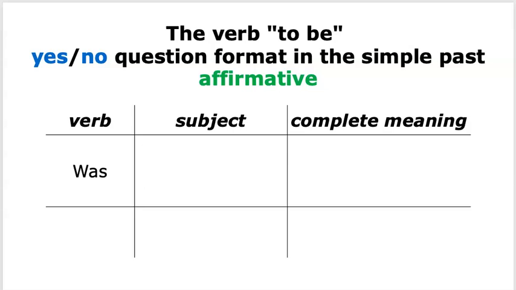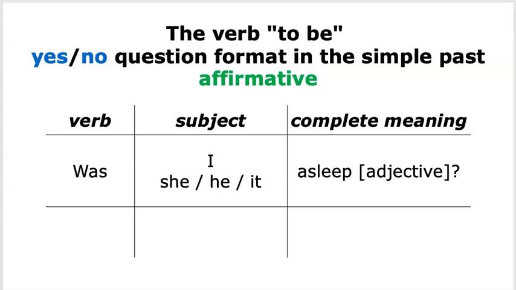We begin with the verb was, if our subject is I, she, he, it, or somebody's name like Tom, or a thing like the car, and then we'll finish with a complete meaning, as in asleep. So for example, was I asleep? And here my complete meaning is an adjective.